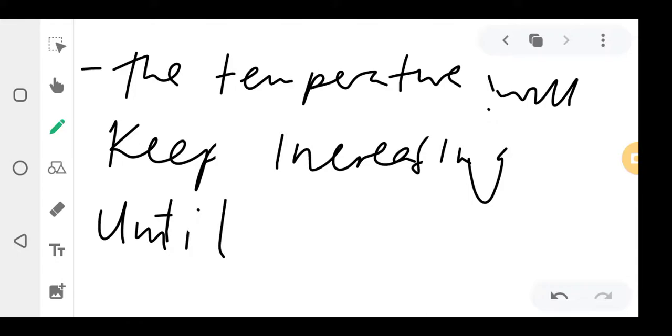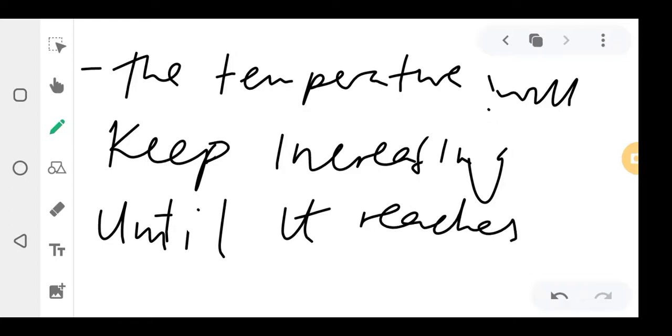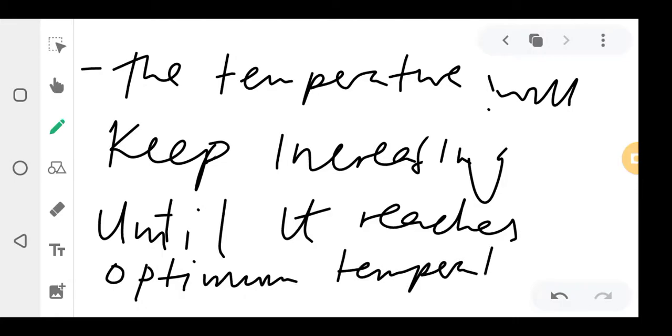Optimum temperature is the highest temperature until it reaches optimum, and it will keep on increasing until it reaches optimum temperature.